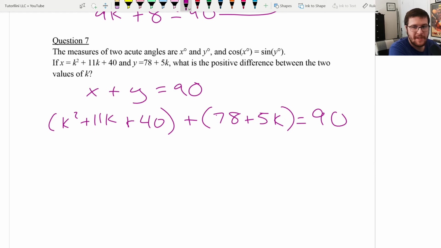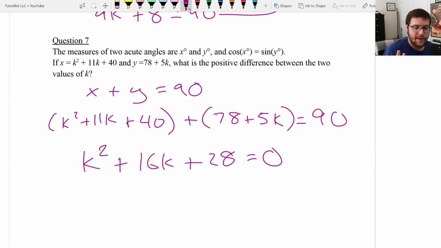You could just type this in and get the answer if you swapped out all the k's with x's. I'm going to do it by hand. So k squared plus 16k, 40 plus 78 is 118, but then I subtract 90 from the other side, and that leaves me with 28 on this side.